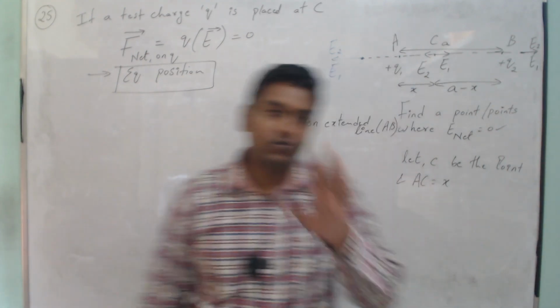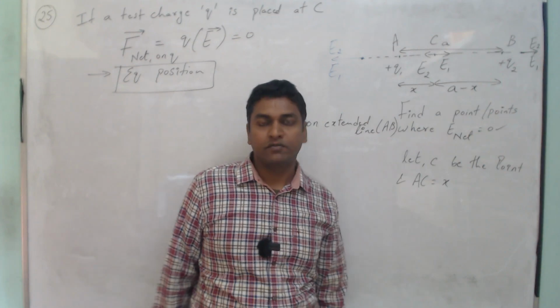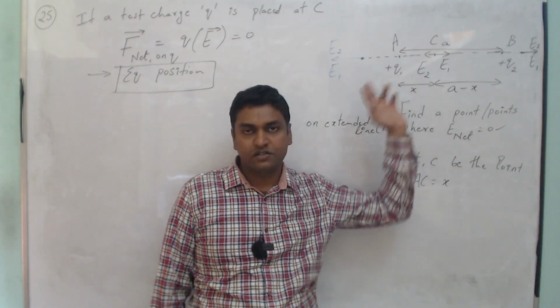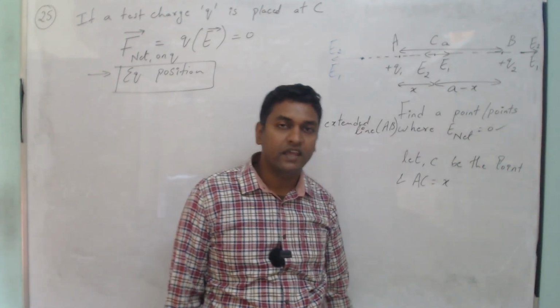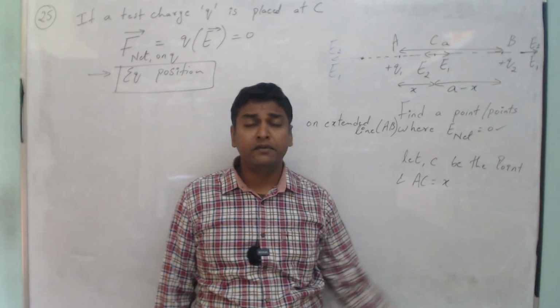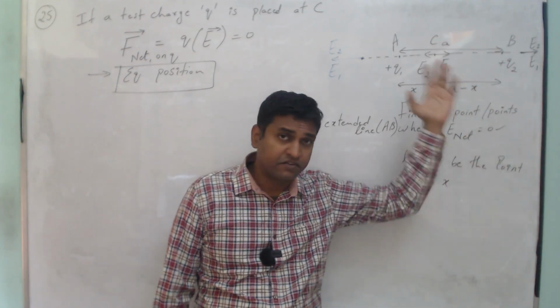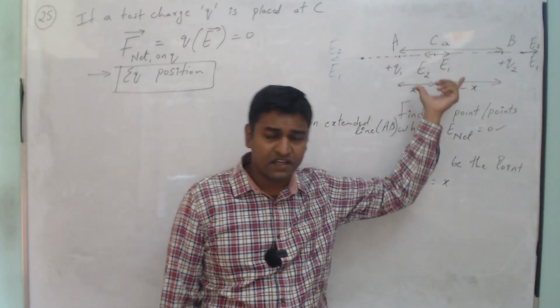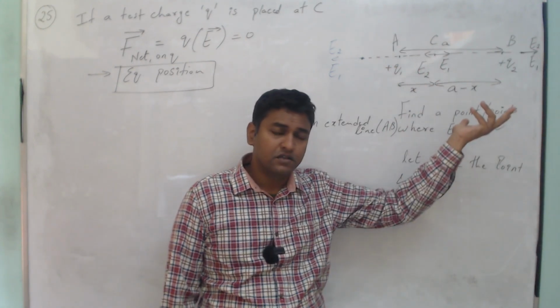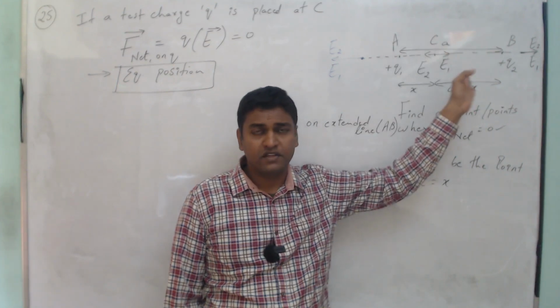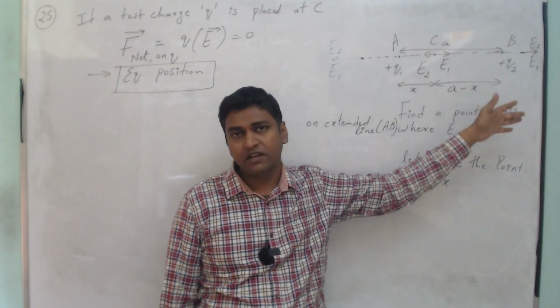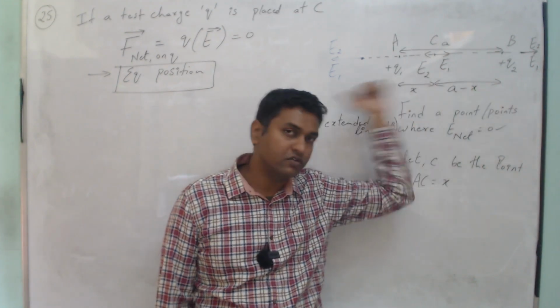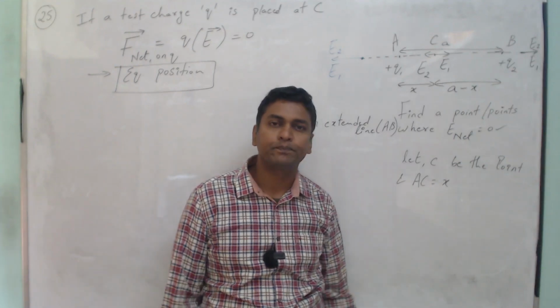So understand the entire story right from the beginning. There are two charges Q1 and Q2 placed at points A and B. Find the point C where the net electric field is zero. We said let the distance A to C be x. So net electric field over there will be zero. That means E1, which is from left to right, should be equal to E2, which is from right to left.